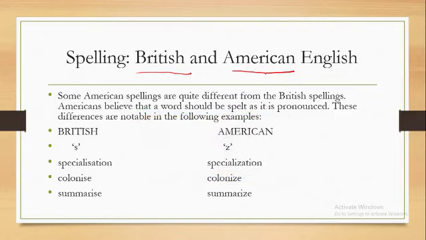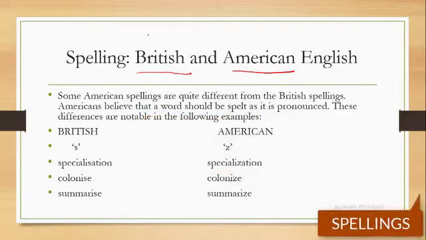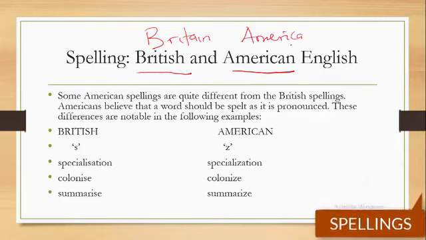Anybody from Britain is British, and anyone who is from America is American. Just the same way anyone from Gambia is a Gambian. So that brings us to what we're focusing on today, British and American English.